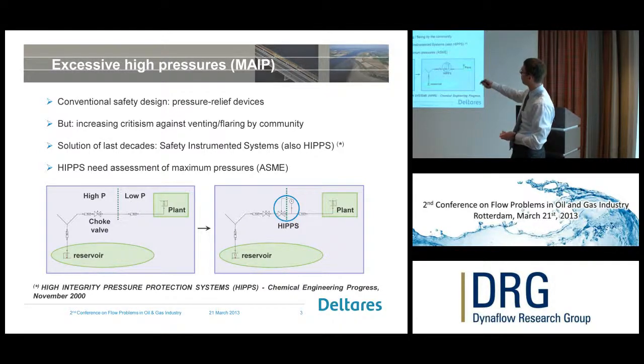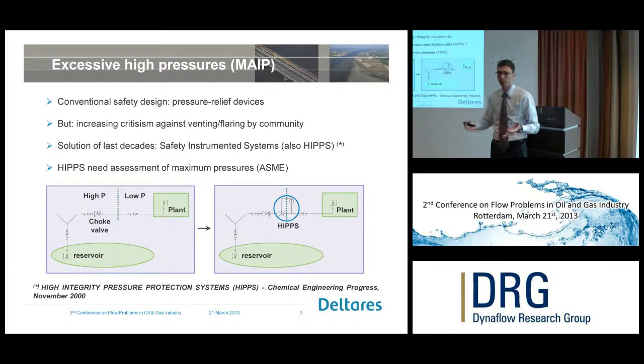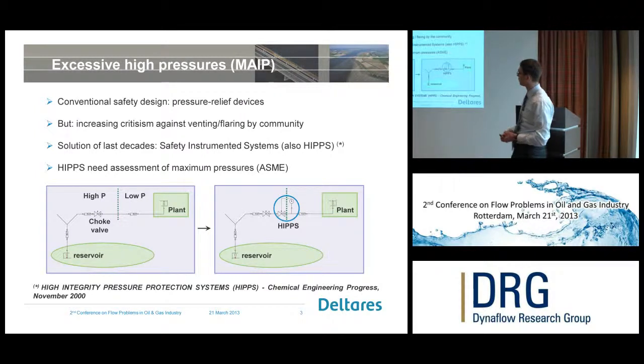Usually, to protect the system from high pressures, pressure relief devices are used. But in order to reduce the gas pressure in large transport systems, you need to get rid of a lot of gas. So those pressure relief devices, if you use a PRV for example, are very large.